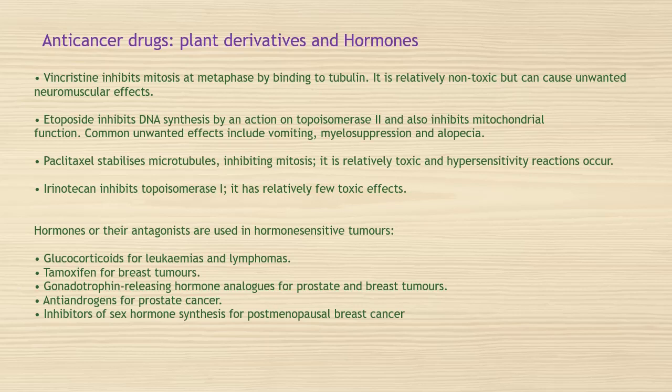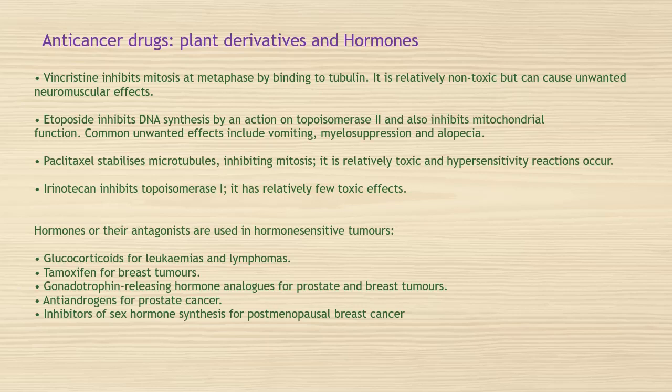They act on microtubules, again stabilizing them in the polymerized state. Unwanted effects include bone marrow suppression and neurotoxicity. Drugs like irinotecan, which belong to camptothecins, bind and inhibit topoisomerase 1, which occurs at high levels throughout the cell cycle.